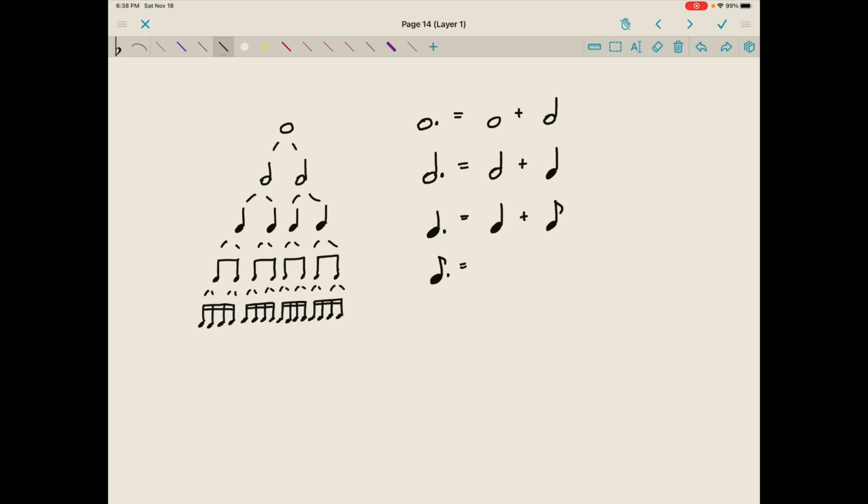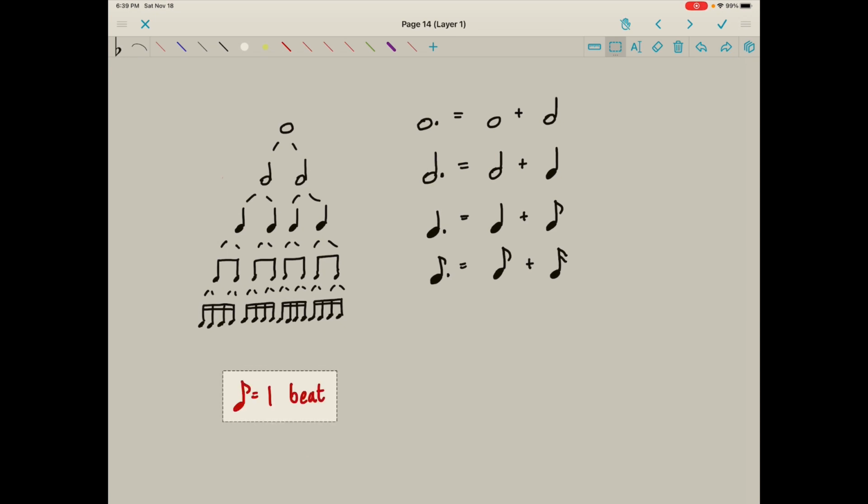The dotted 8th note would be worth an 8th note plus the value of the dot, which is worth half of the value of whichever note it's dotting. So in this case, a 16th note. If we were to designate the 8th note as our beat or pulse note, we can go over here to our note value pyramid and assign specific beats to each of these note values.